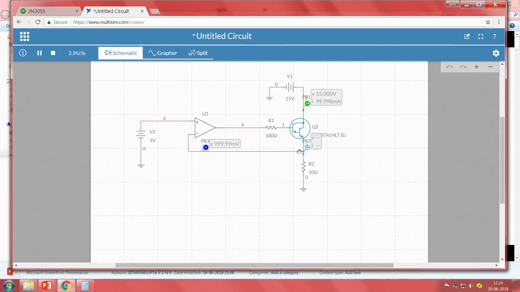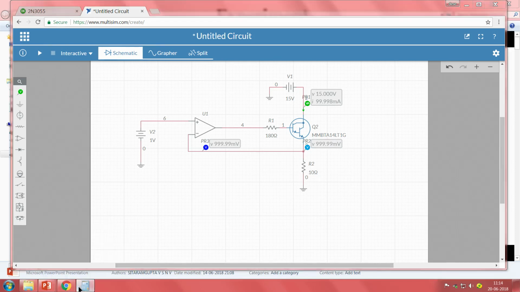Since this is connected at the same point, I do not know why it is not showing, this should also be at the same value. Let me close and take a voltage. Okay, let me run. See, we can see 999.9, that means the voltage drop across this resistor is also 999.9. Now, what will be the current?